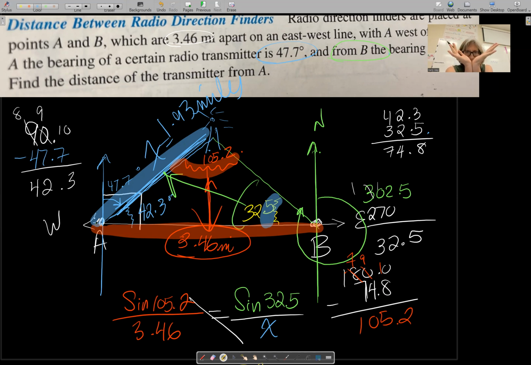The larger the angle, the longer the distance between your fingers. If I get something here that is larger than 3.46, even though my angle's smaller, you know something's kind of wonky. So when you do these problems, just remember larger angle, longer side, smaller angle, shorter side. And just do a little logic check for your final answer.